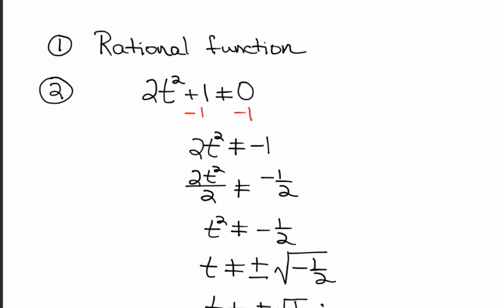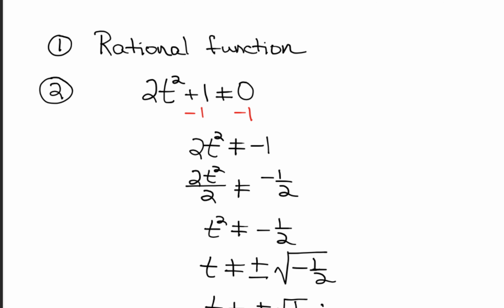Now for the domain, again, we have a rational function, and in order to be defined, the denominator cannot be equal to 0. Here the denominator is 2t squared plus 1, and this cannot be equal to 0. Trying to solve for t means finding out what the exclusions are going to be.